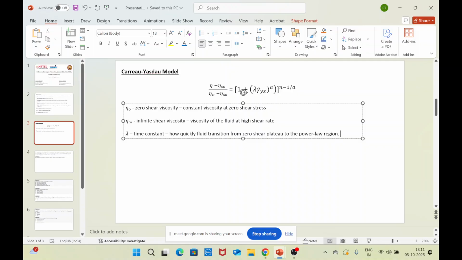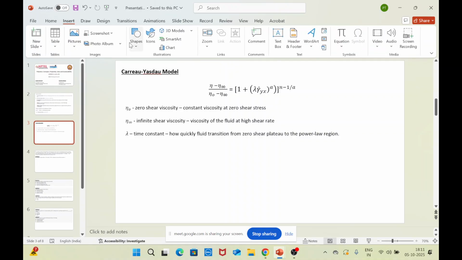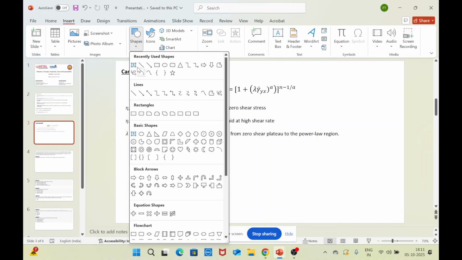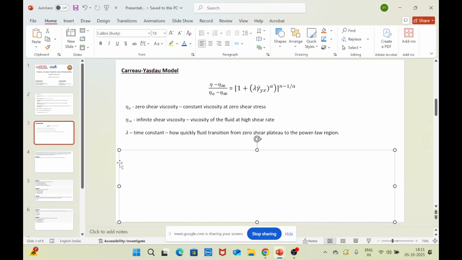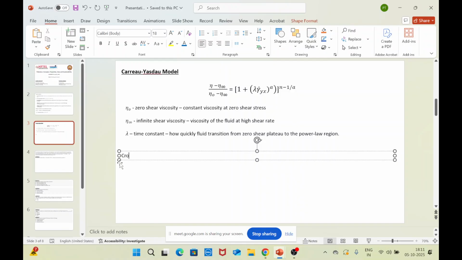Again, this simpler form can be used only under special conditions because they do come with certain constraints. For example, from this model, another model was derived, which is called the cross model.